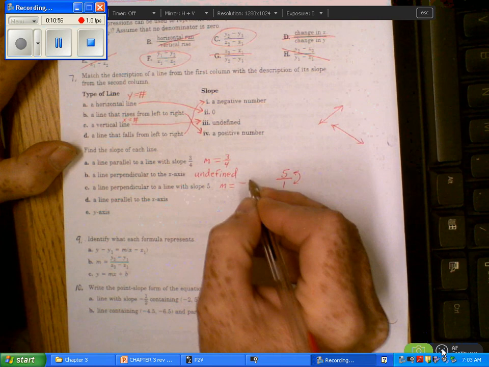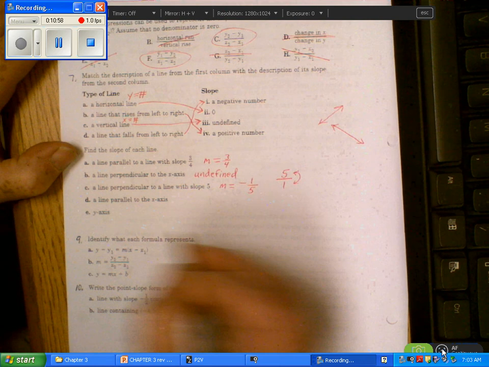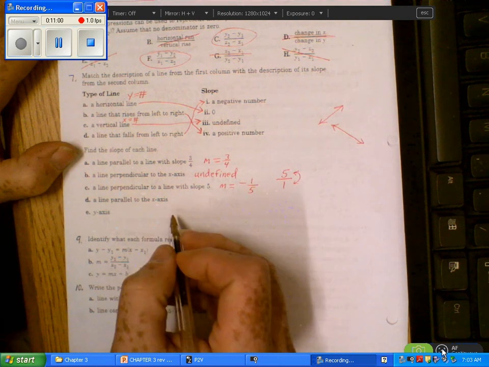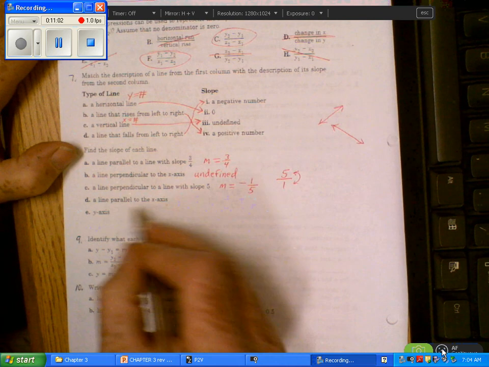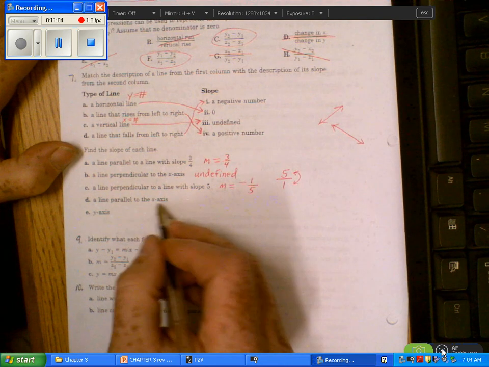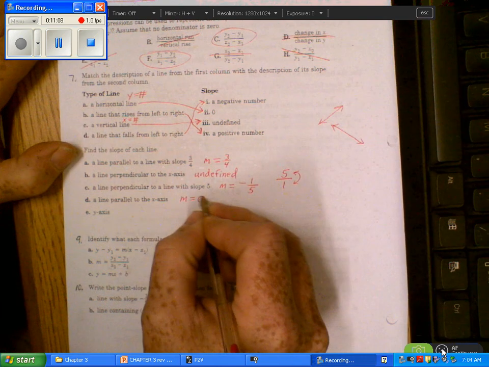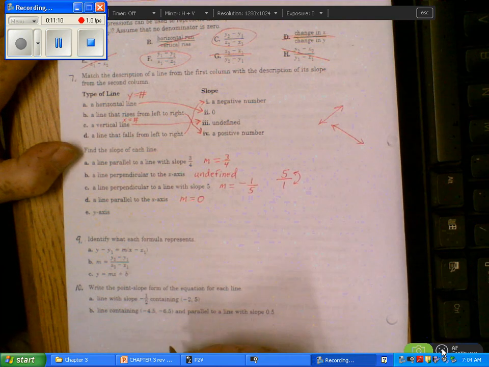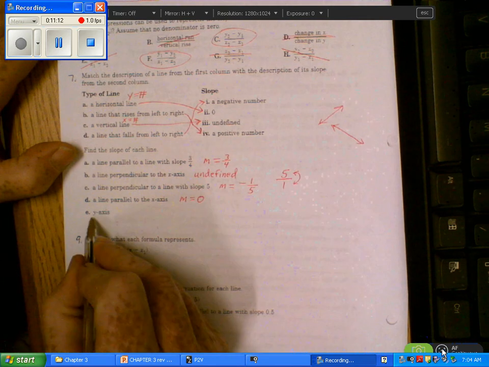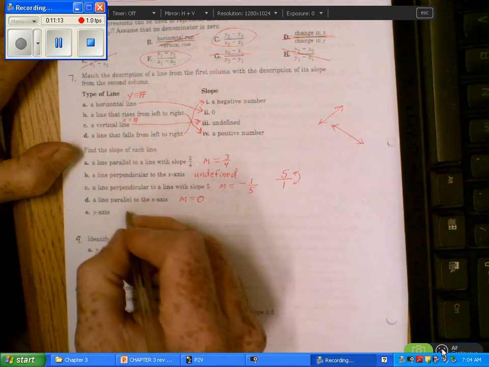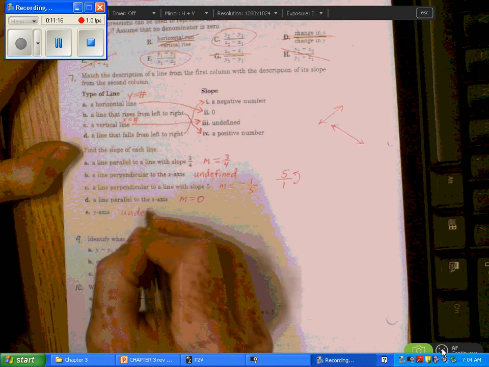So it'd be -1/5. A line parallel to the x-axis. Well, the x-axis is horizontal, and if they're parallel, then the slopes have to be the same. And the slope of any horizontal line is 0. The y-axis. So the slope of the y-axis is undefined.